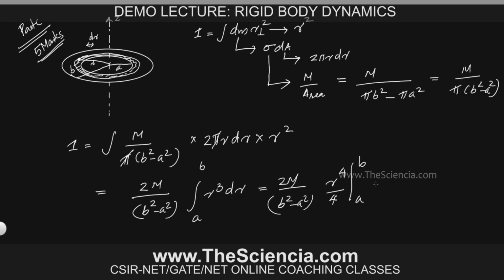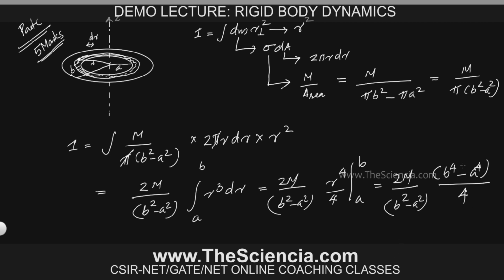On substituting these limits, we get 2M by (b square minus a square) into (b raised to 4 minus a raised to 4) by 4.